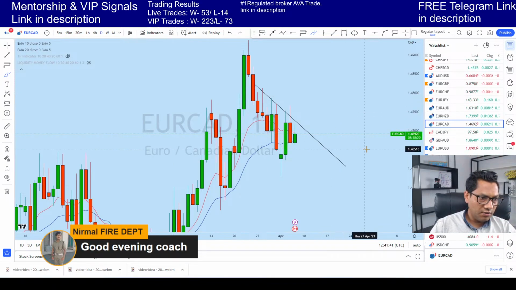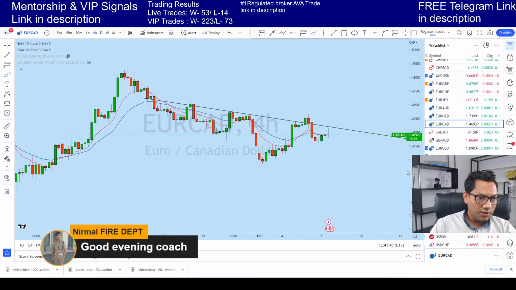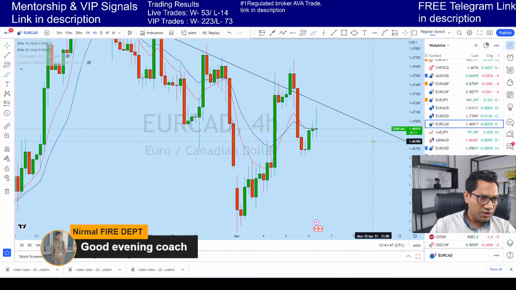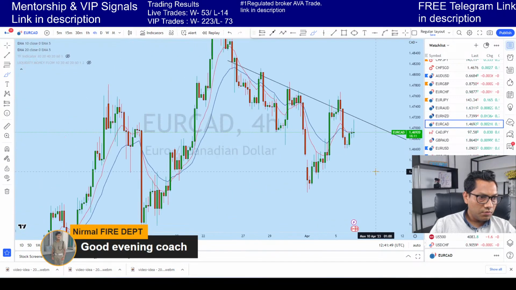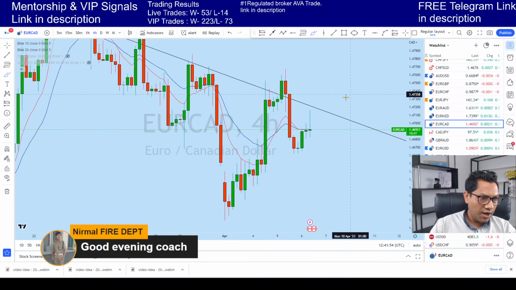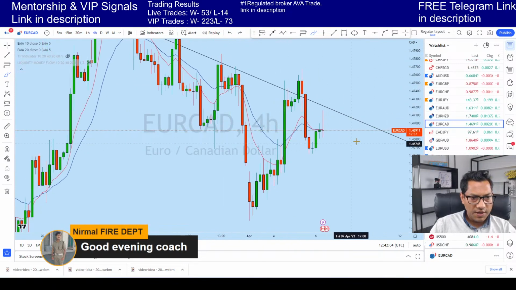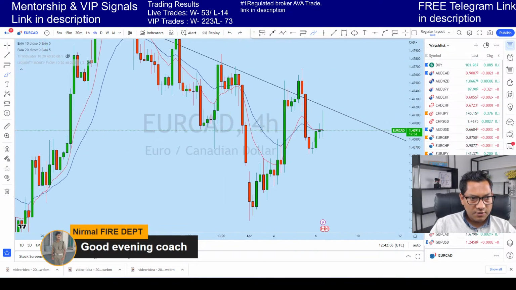We might even see a sideways movement, so that's why the buyers are not getting interested in it. From the higher picture perspective, Euro CAD is bullish, but from the daily we see bearish. We could see a liquidity grab and then continuation to the upside. So we'll keep that aside.